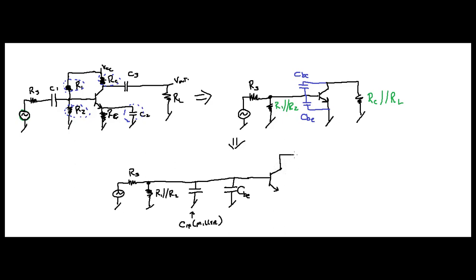Up, over, down. The resistances stay the same. Those are not changing. So that's going to be RC in parallel with RL. Now you have your other capacitance.